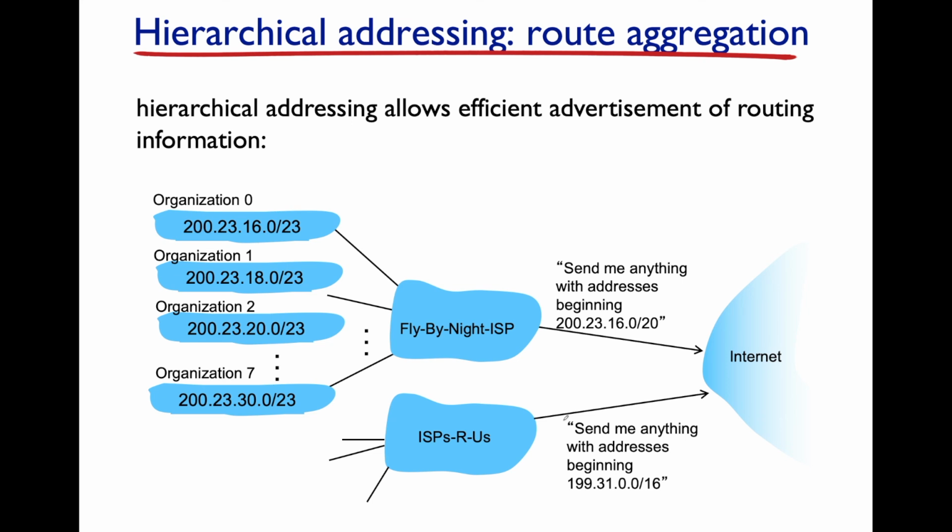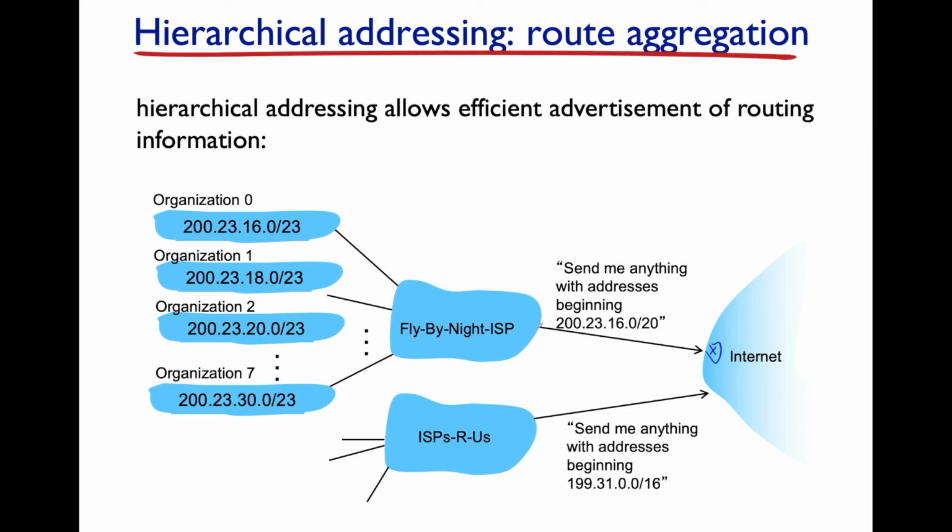And the benefit is illustrated in the book. Suppose you have an organization called Fly-by-Night Internet Service Provider, and you advertise to the gateway routers on the other side of the internet, hey, every time you have an address that has the following subnet, 200.23.16.0 with a mask of 20, send that data to me.